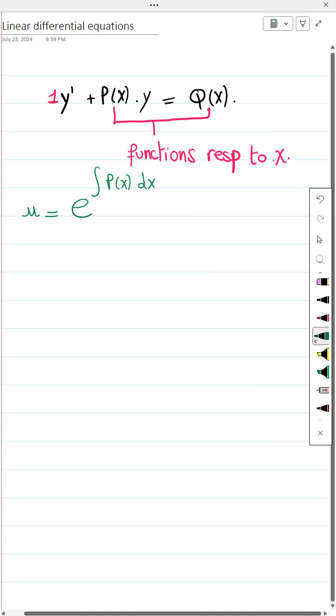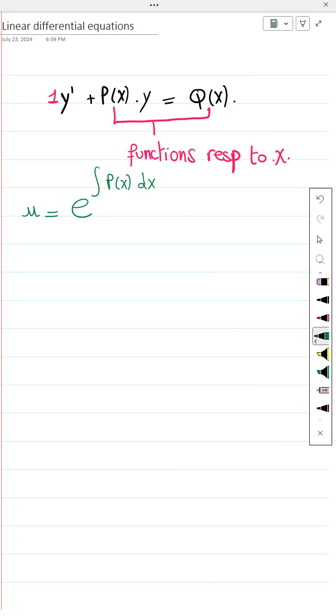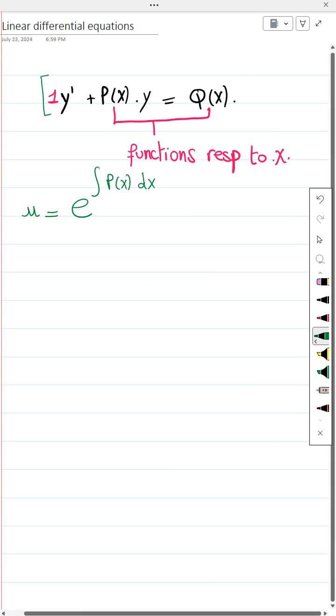When we calculate this quantity first, we need to multiply it in our equation. Let's call it star. We multiply star by the exponential of the integral of p(x) dx, which is u.